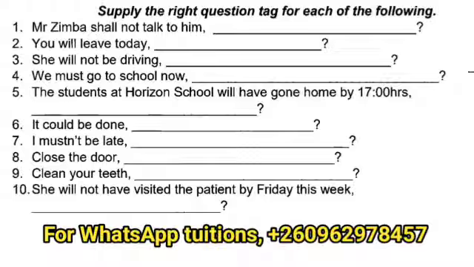So what is the keyword there? Is it go? No. Have you ever seen a question tag with the word go inside? No. So the keyword there is must. Now, since the sentence is already in its positive form, the question tag will be in its negative form.